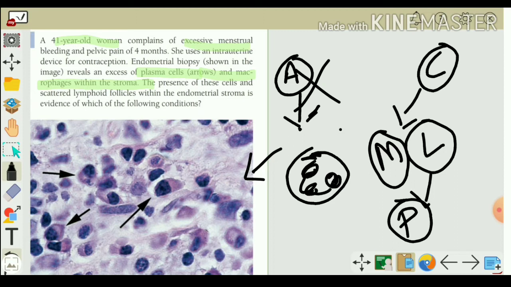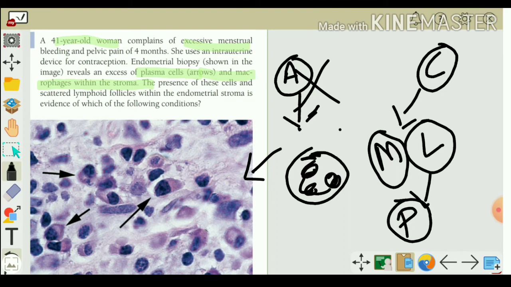So what are the features of macrophages? How can we distinguish lymphocytes from plasma cells and macrophages? I will go through the types and presentation of the cells later, but first we need to solve and answer this question.